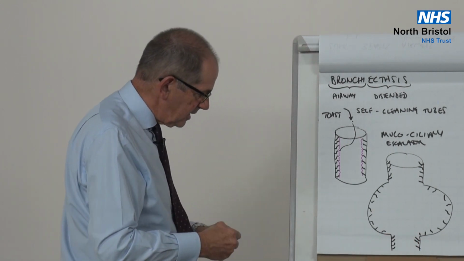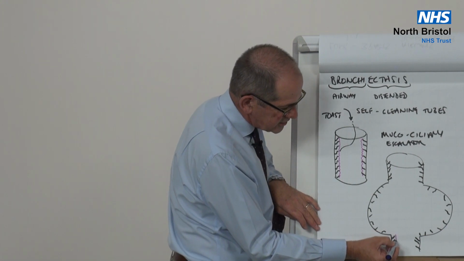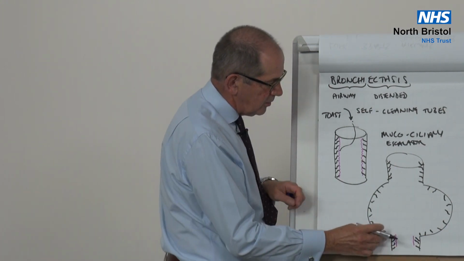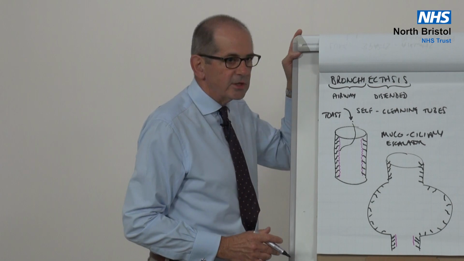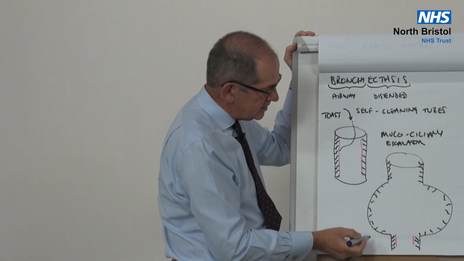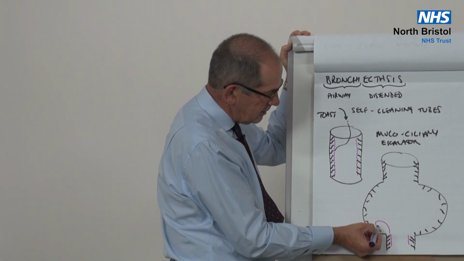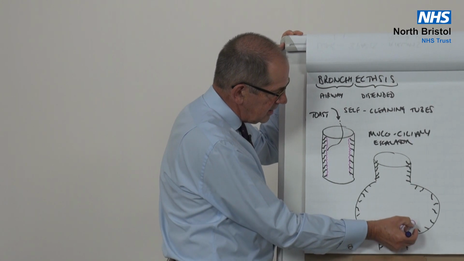So we have mucus coming up from the depths of the lung on the mucociliary escalator, but once it gets to this distended, damaged part of the airway, which is wider than it should be, the mucus, rather than transporting up through the lung, sits in puddles in the airways.